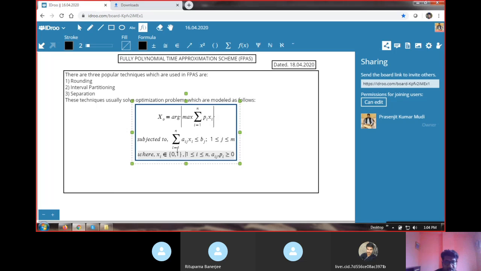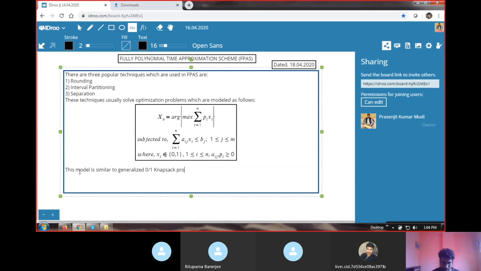So this model can be viewed as a generalized 0 1 knapsack problem, with capacity b j for j from 1 to some number.